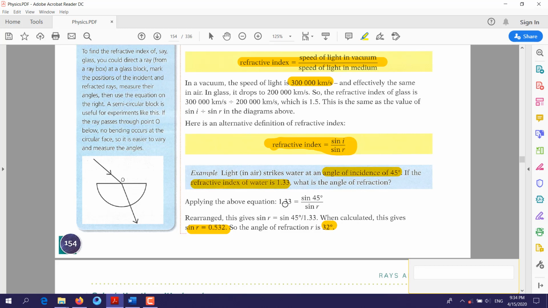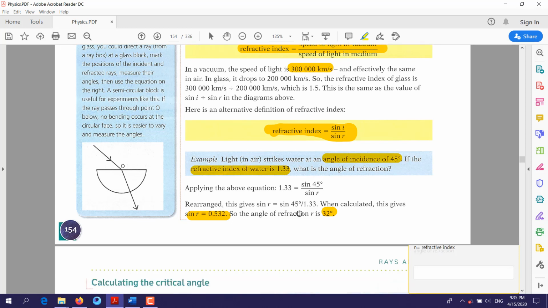Applying the above equation, the refractive index is given as 1.33, which equals the sine of the incidence angle, which is 45 degrees, over the sine of the refracted angle. The refracted angle is what we want to calculate.